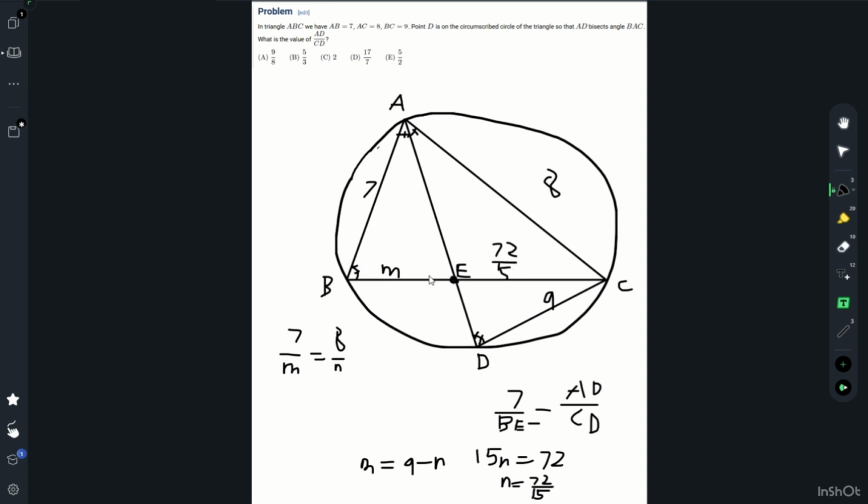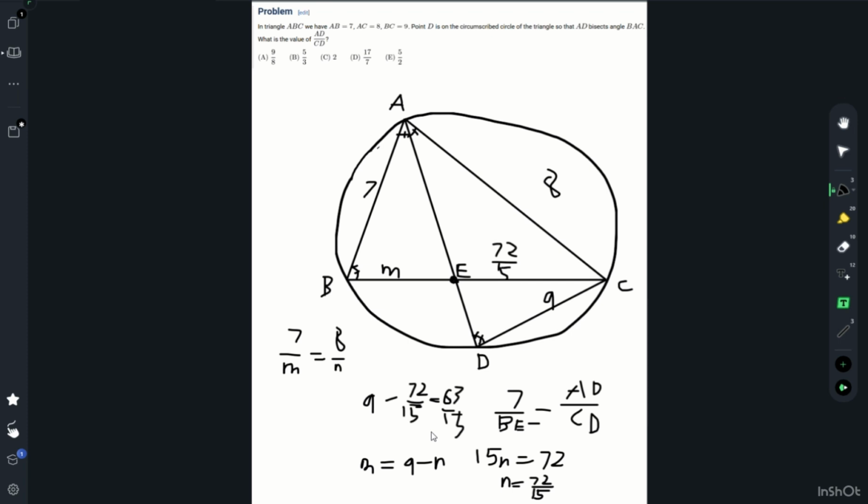However, we're trying to find BE for this one. So we have 9 subtracted by 72 over 15, which would be 63 over 15.